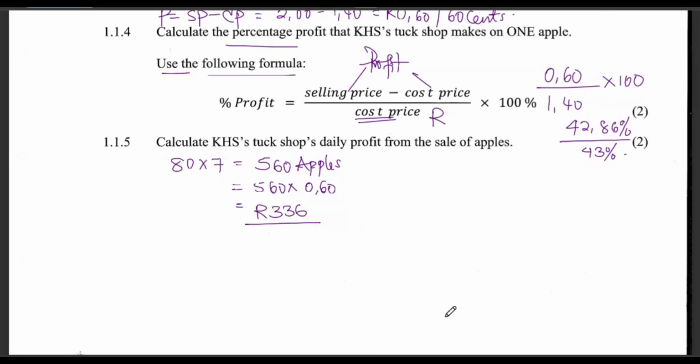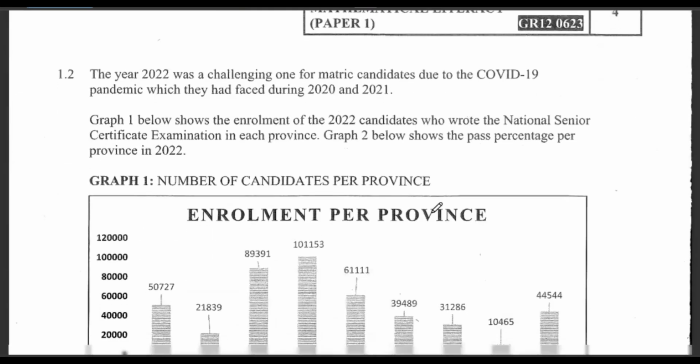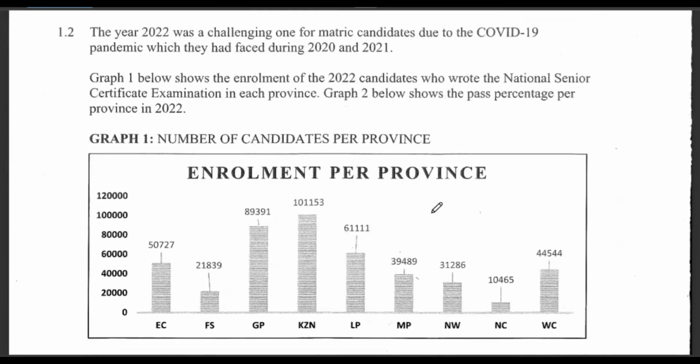Okay, that's it. We go to question number 1.2. The year 2022 was a challenging one for Matric candidates due to the COVID-19 pandemic, which they had faced during 2020 and 2021.